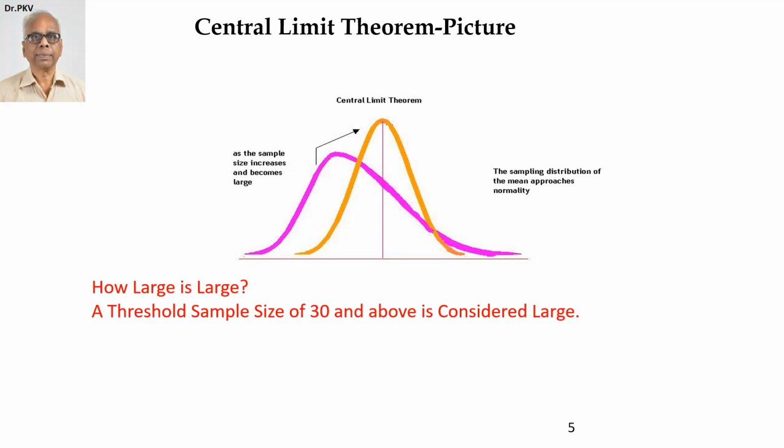In other words, if the population mean is mu, the standard deviation is sigma, you will have the sampling distribution x bar with mean mu and standard deviation sigma by root n, which is called the standard error. In other words, this is the milestone discovery called the Central Limit Theorem. And let us look at associated concepts of hypothesis testing. In the next video, we will proceed very soon to the next topic. Thank you very much.